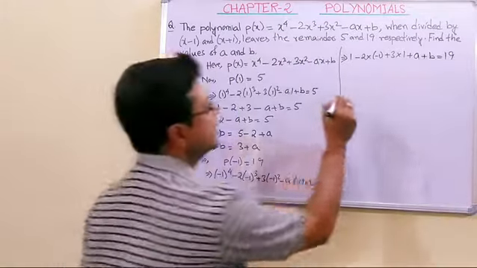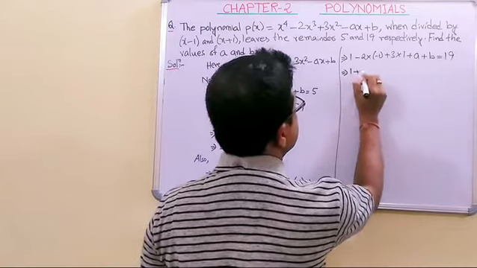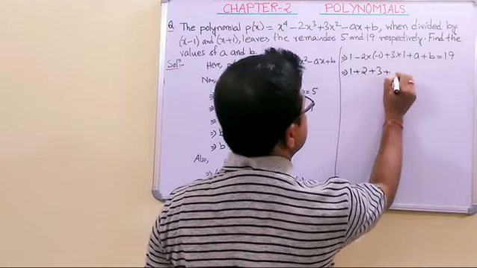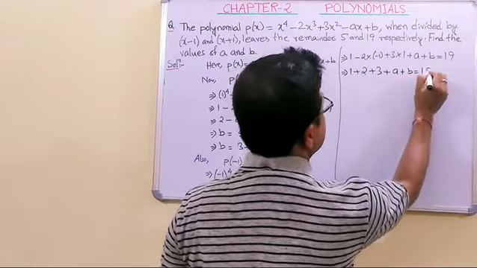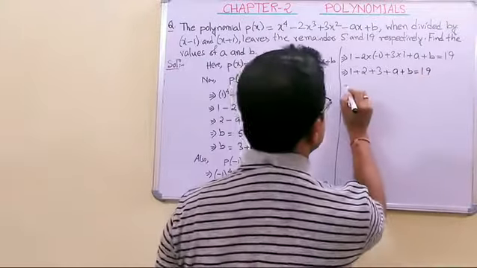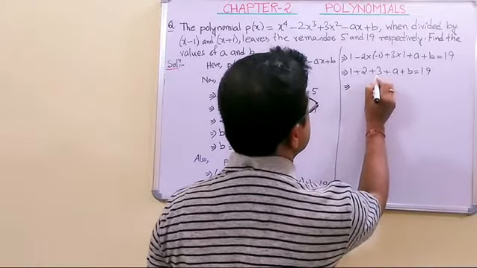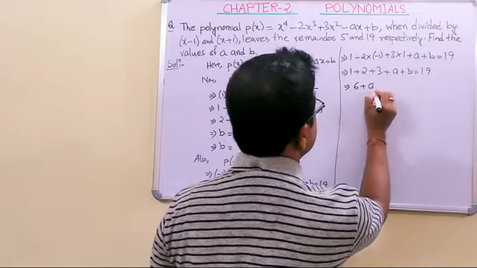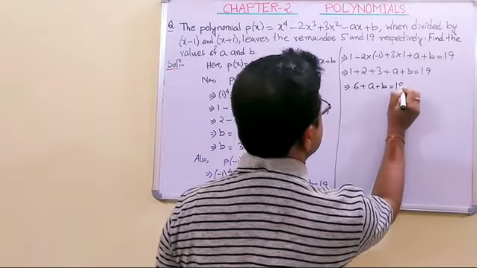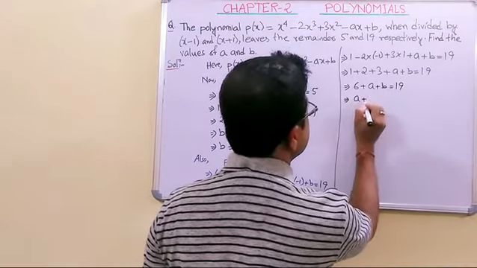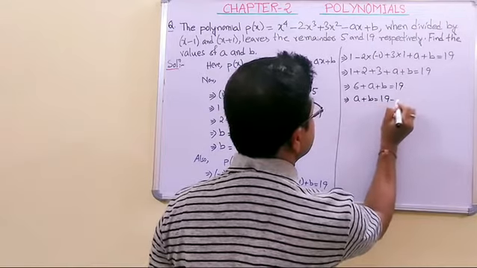Alright, you can check. And this is 1, this is plus 2, plus 3, plus a, plus b equal to 19. Alright, student? Now, let us simplify this. This is 5, 6. A plus b is equal to 19. So, this is a plus b is equal to 19 minus 6.